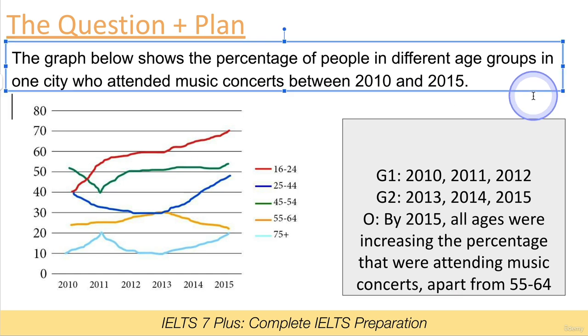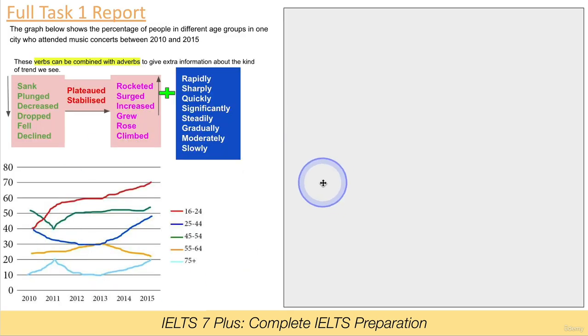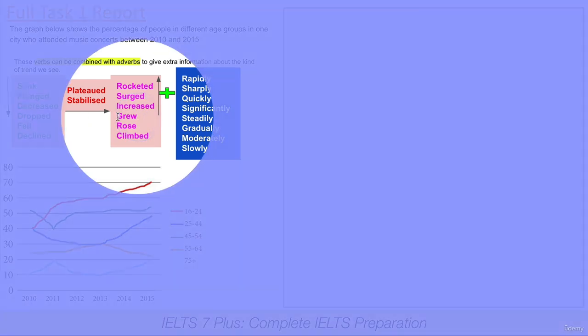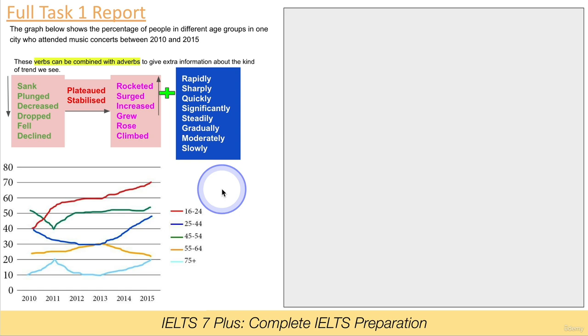So our overview then, we're making a sweeping statement, we're being very broad and not going into specifics, just making generalizations here. Okay, so with that in mind, we now have the question and this nice graphic to show us how we can use different synonyms to help us not repeat ourselves, because we don't want to keep saying the same things.